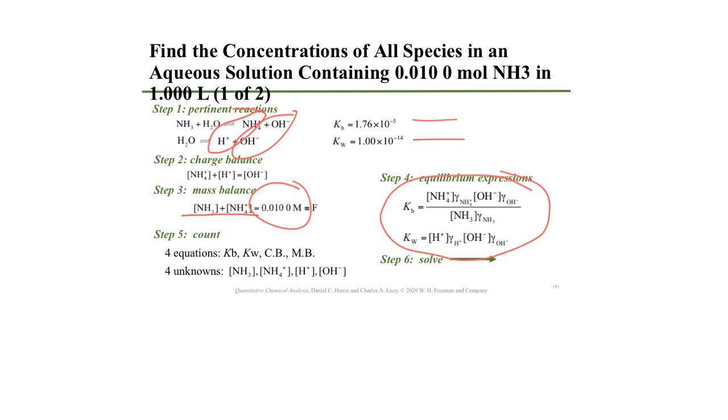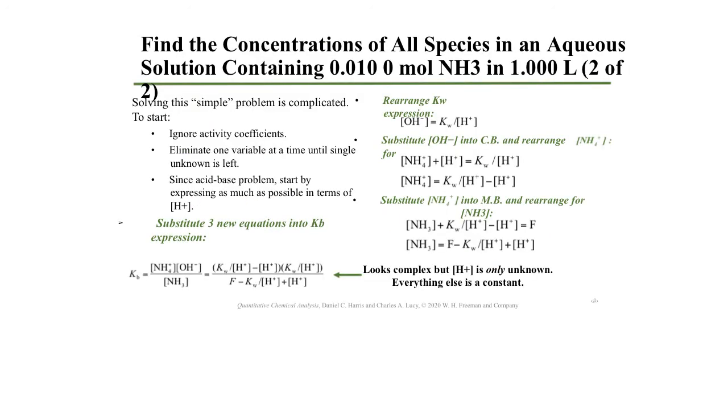Well, you've got the charge balance, mass balance, the Kb, and the Kw, so you have 4. And you have NH3, NH4, H plus, and OH minus, so again you have 4, and so this is solvable.